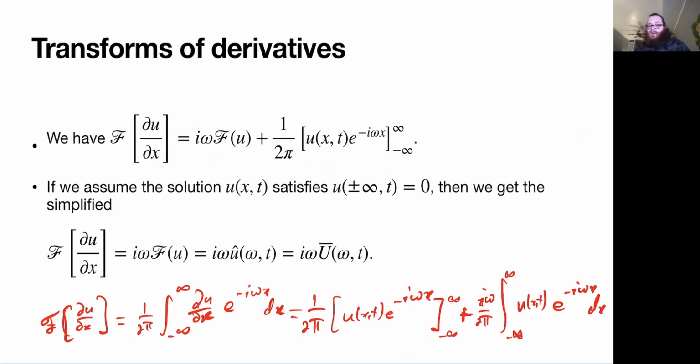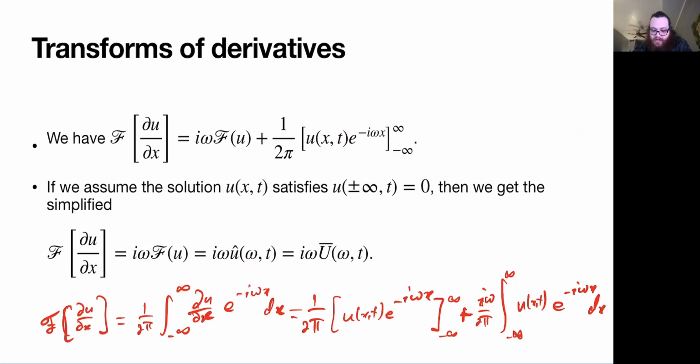So what we can do is assume that u of x comma t satisfies, as you go out to plus and minus infinity, that this function goes to 0. If we have this, then this whole term goes to 0, and we're left with exactly what we wanted: the Fourier transform of the derivative is i omega times the Fourier transform.